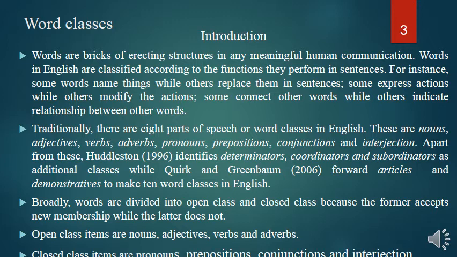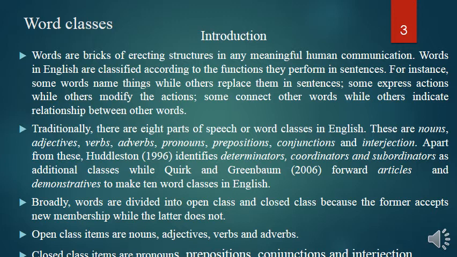From this explanation, we can see that words in English language have their functions, that each word has a particular function in a given sentence. Traditionally, there are 8 parts of speech in English language, that is noun, adjective, verbs, adverbs, pronoun, preposition, conjunctions, and interjections.